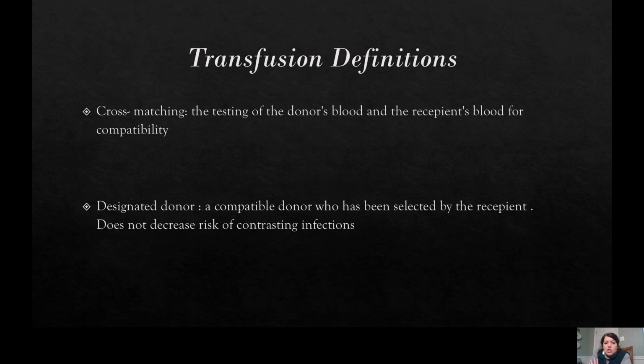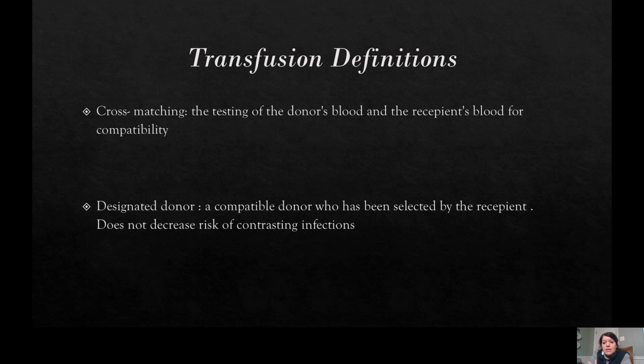When we cross-match, we are testing the donor's blood and the recipient's blood for compatibility. And then if we have a designated donor, that is a compatible donor who has been selected by the recipient. It does not decrease the risk of transmitting infections.